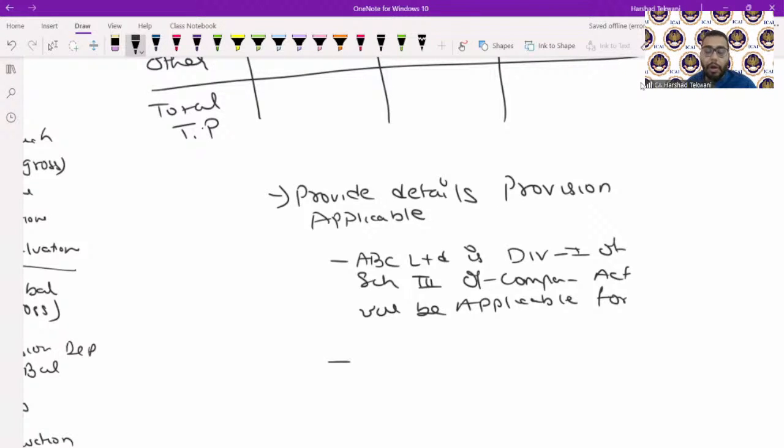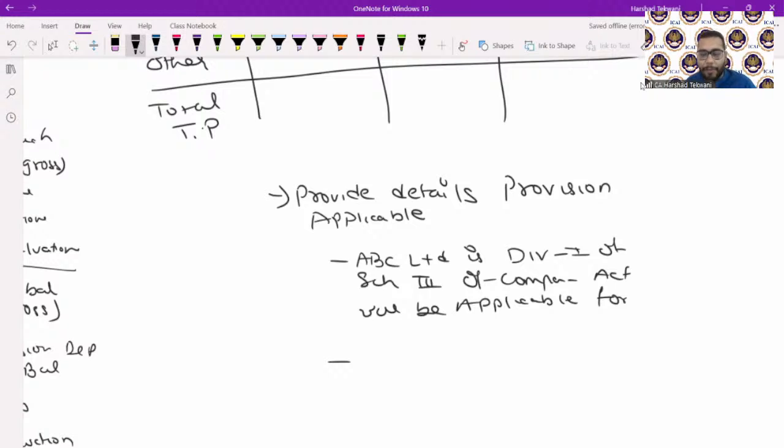Now, this is a scenario. Then you need to mention, as per the recent amendment, or you can even quote, if you remember which amendment we are talking about, for example, Companies Amendment Act 2021 or 2020, whatever it is. Otherwise, if you don't remember, it is perfectly fine.